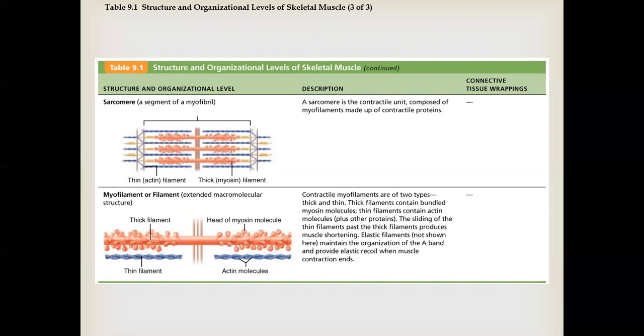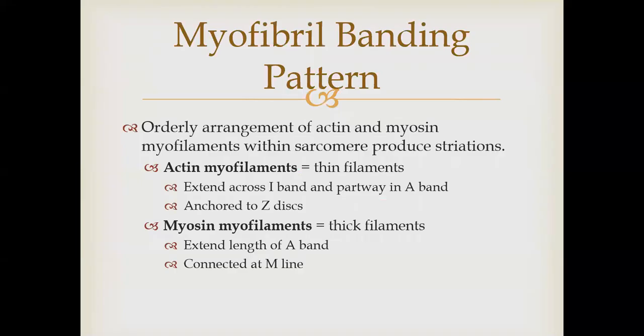Number 14, what produces the striation of the skeletal muscle? And the answer is the arrangement of the myofilaments, specifically the actin and myosin. So it is the orderly arrangement of the actin and myosin myofilaments within a sarcomere that produces those striations.